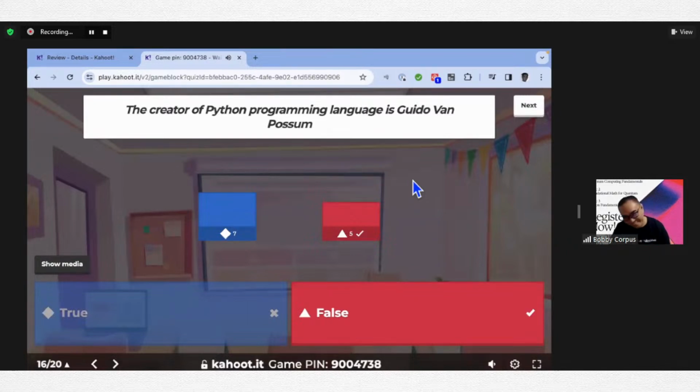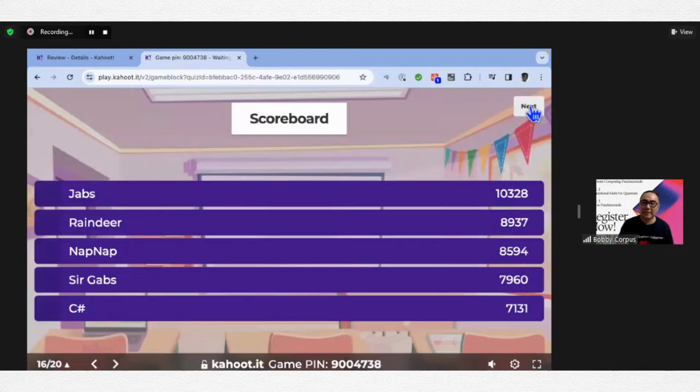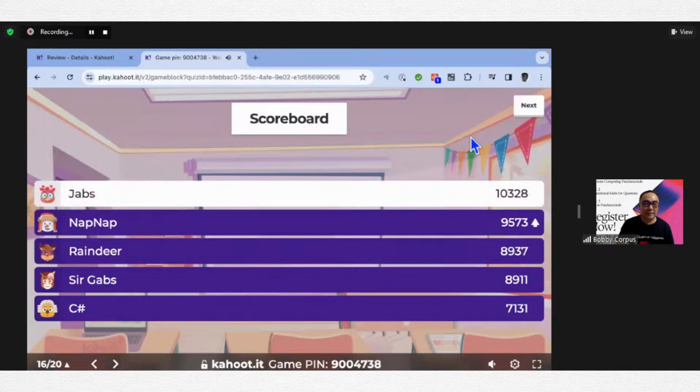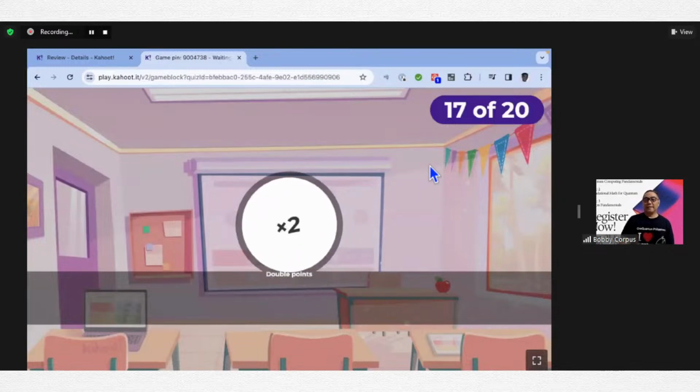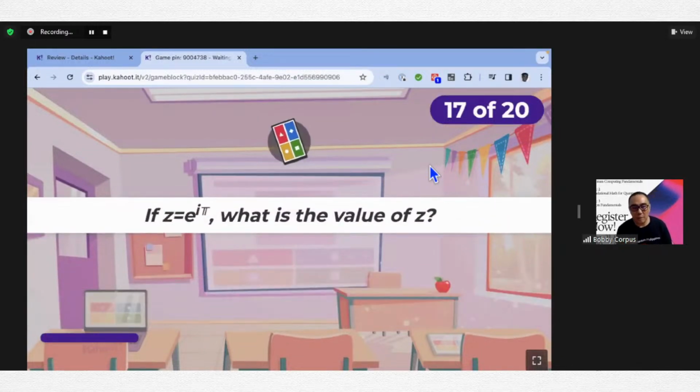False. Okay. So it's Guido van Rossum. Okay? Hindi, Possum. Oh, mukhang si Jobs yung consistent ah. 17 out of 20.